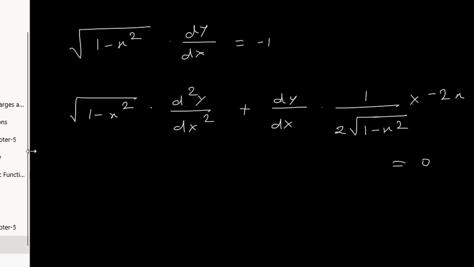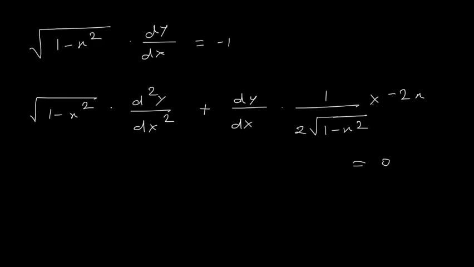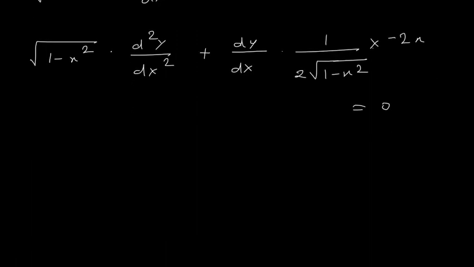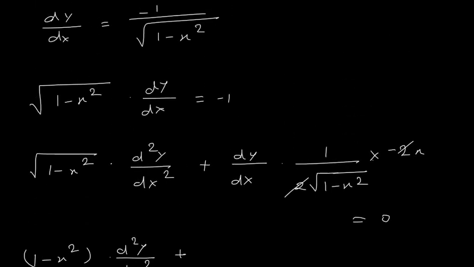So now what we do, now we can put the value of dy upon dx, but before that let us move this, the 2 and 2 will cancel, and let us move this root to this side. So we have 1 minus x square into d square y upon dx square plus dy upon dx.